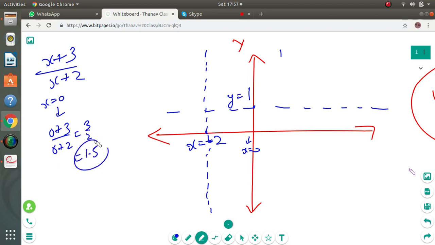So that means the graph is like this one and this one. Are you getting it? And here it will be just a mirror. So you substitute some values and then you see. Yeah, absolutely.